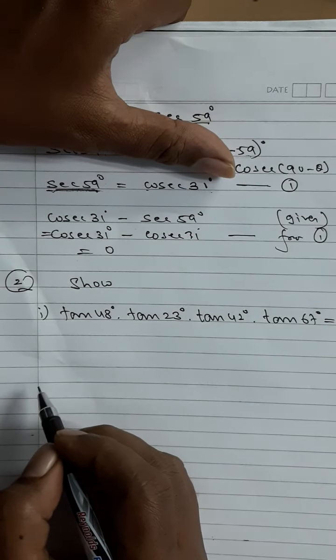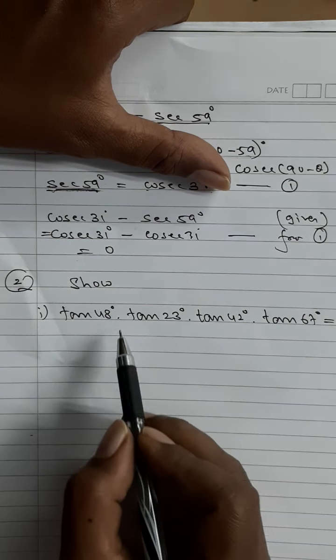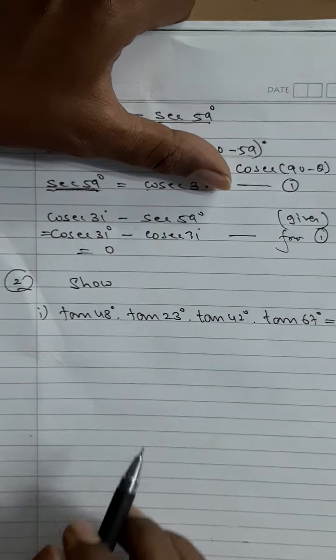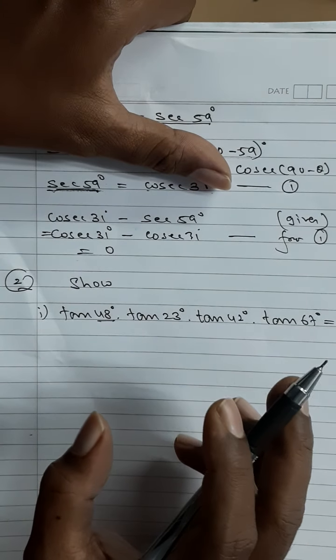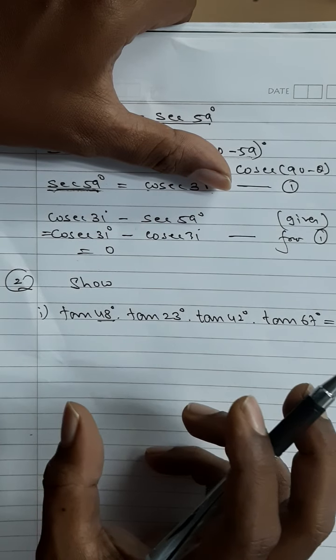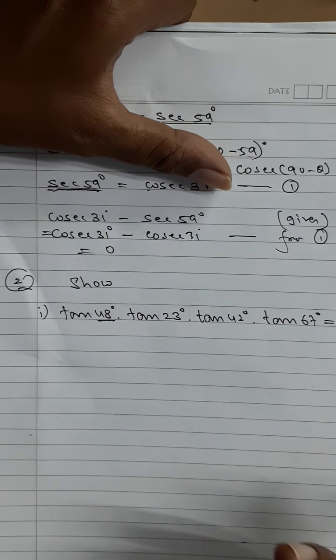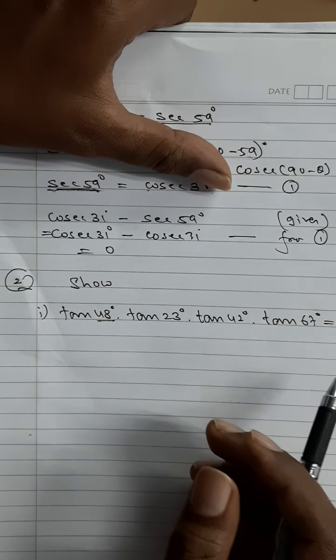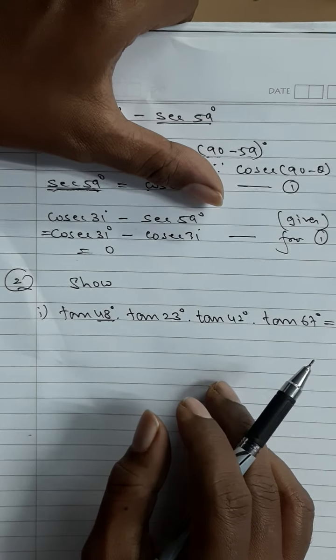Now I'll definitely take the left hand side, but before going to the left hand side, see here there are 4 values. I somehow have to bring the complementary angles together. I should match the angles. One more 48 degree I will require, or one more 23 degree I will require. I will have to convert them into like angles.